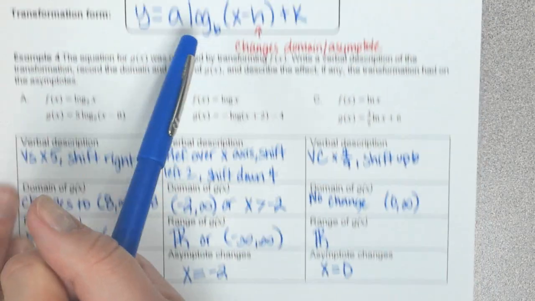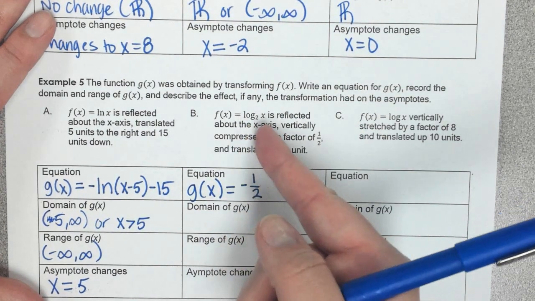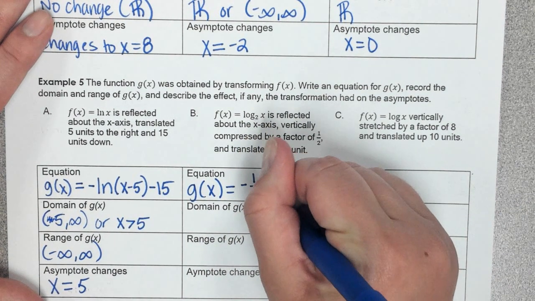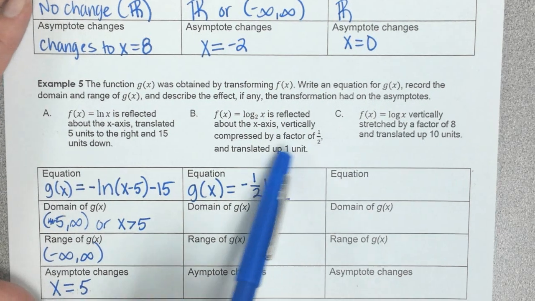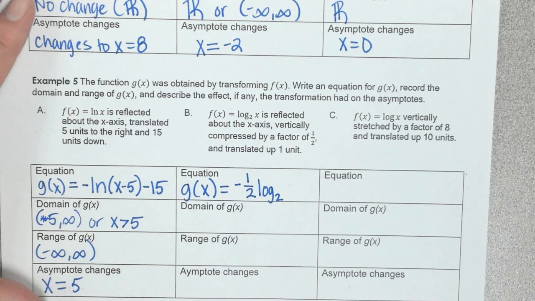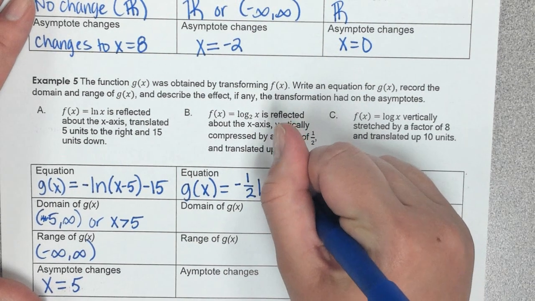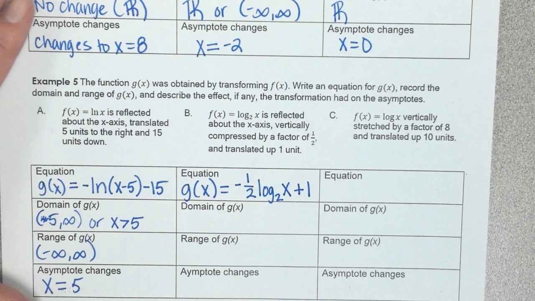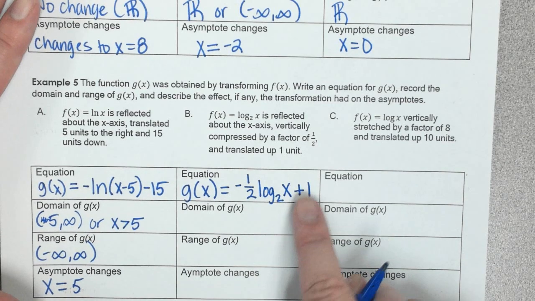Because that's our A. So it all goes before the log. And then I have my log, which is log base 2. And translated up 1 unit. So I just have x with no parentheses and then plus 1. So there's no h in this one. Okay?